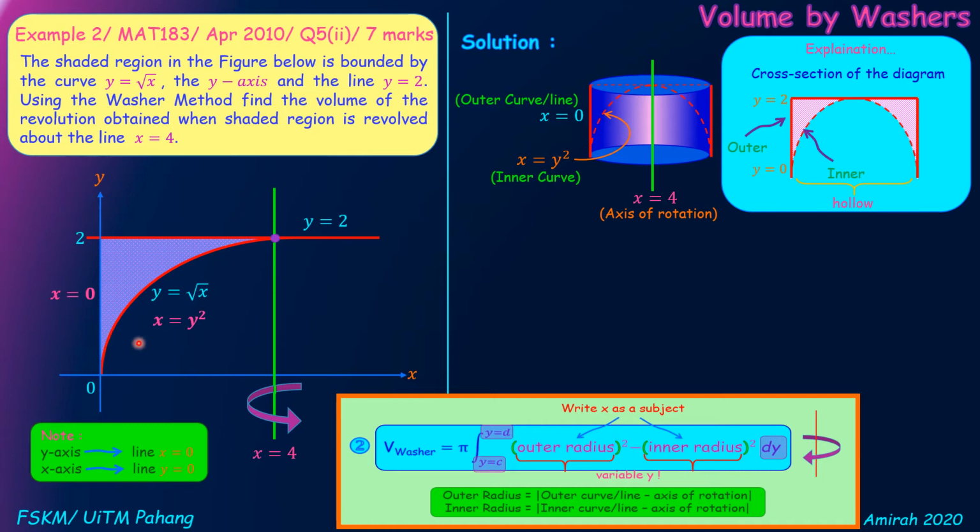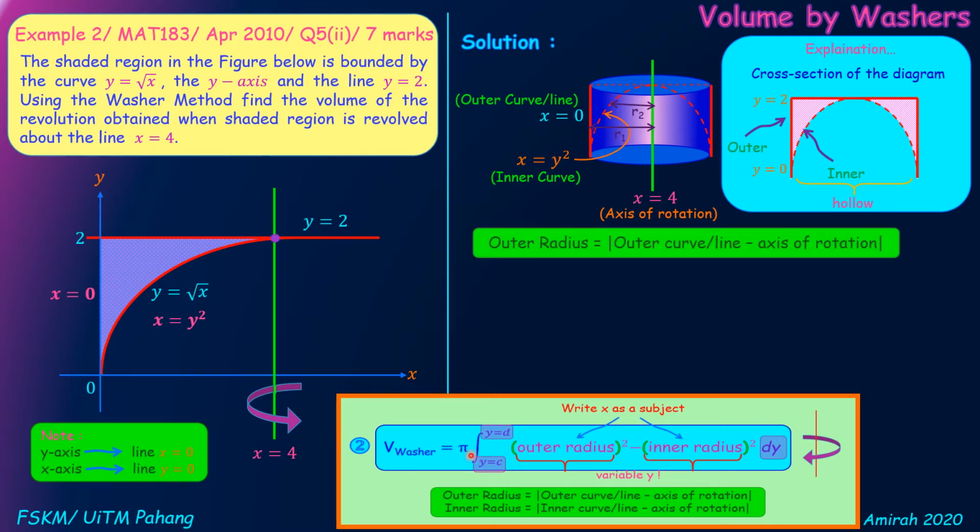After we write x as the subject, we get x equals to y squared. This is outer and this is inner, from the cross section of this diagram. This is the outer radius R1 and this is the inner radius R2.